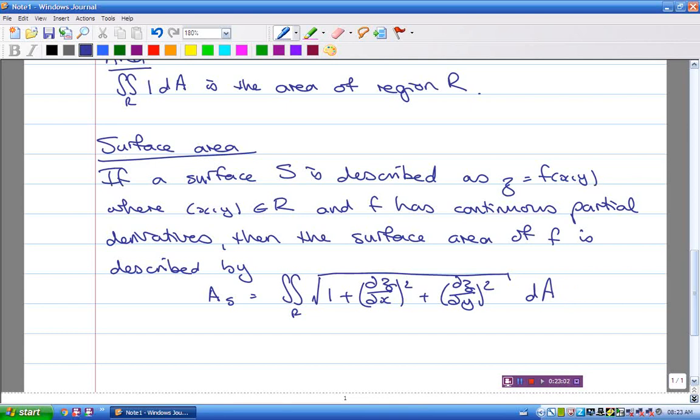Nothing stricter than that. Possibly your function isn't continuous, possibly your function is not in fact differentiable everywhere. So it's actually quite a loose condition. All we want is that the partial derivatives themselves are continuous and exist. We're not being particularly demanding on this piece of surface.